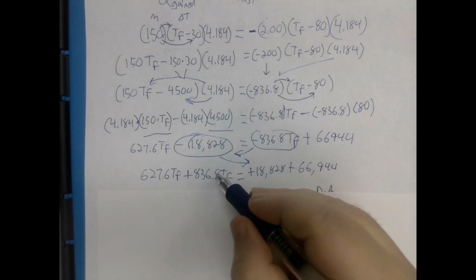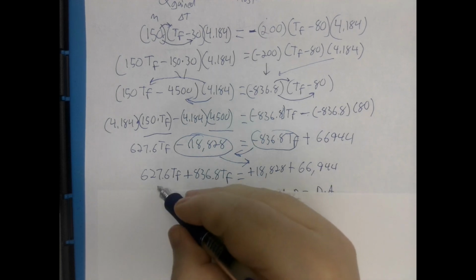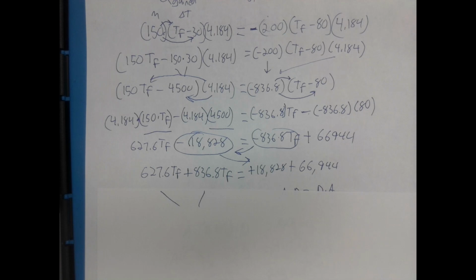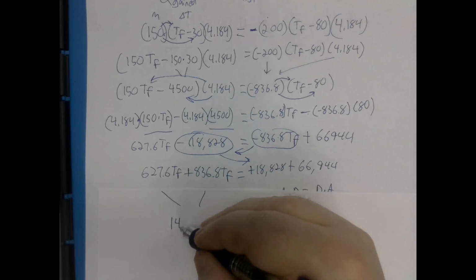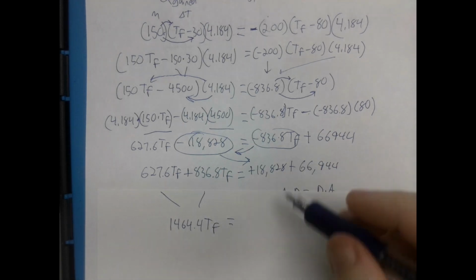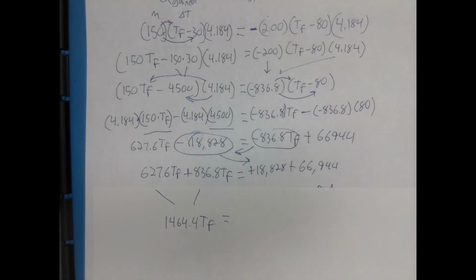So this times TF and this times TF, these two can combine together. You just add them. It's like 2x plus 3x is just 5x. So that's 1464.4 TF. And then we can just add these two together.